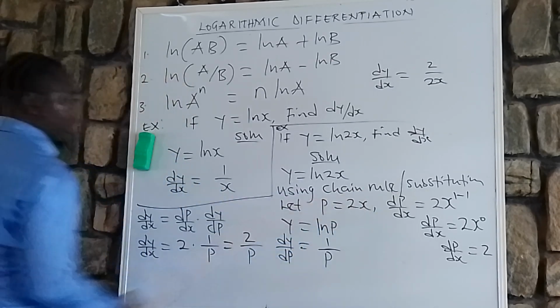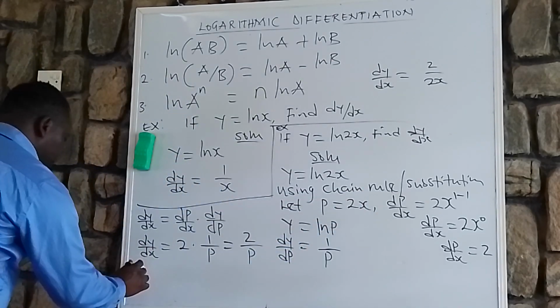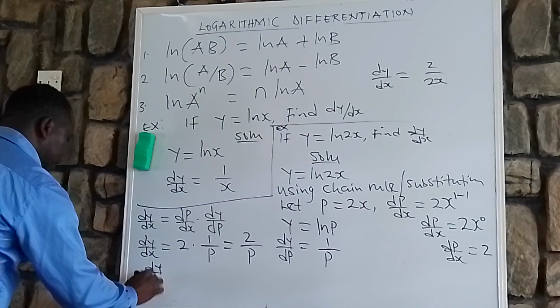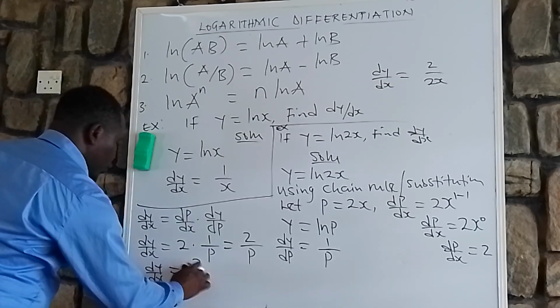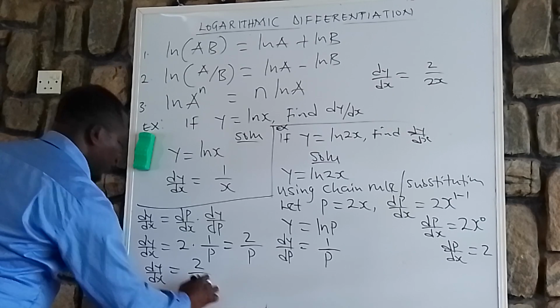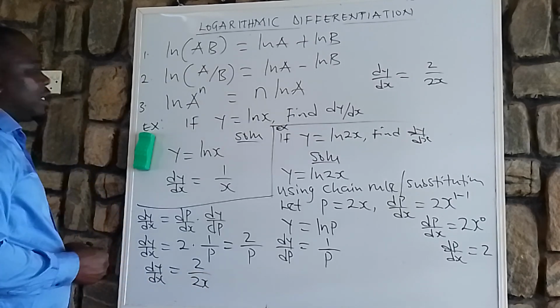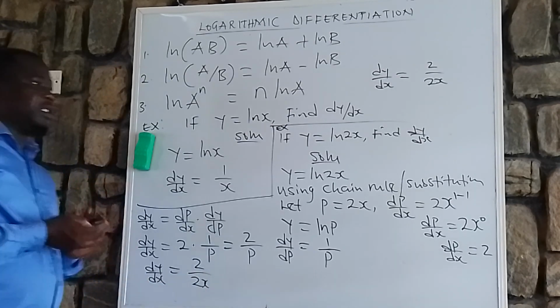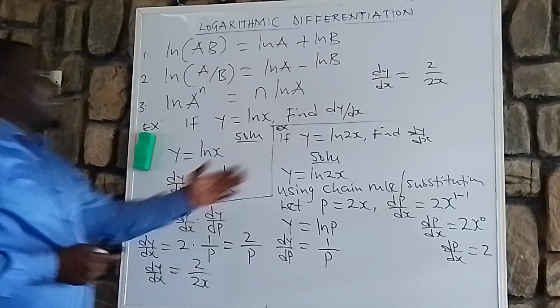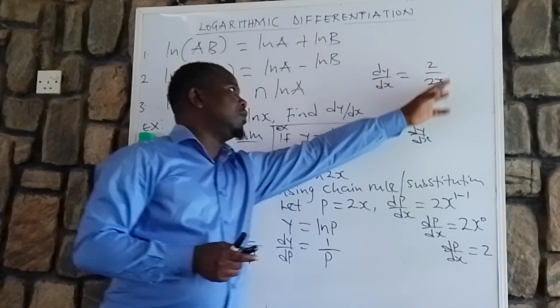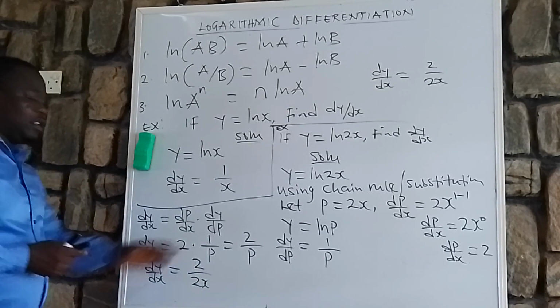So therefore the final answer will be dy all over dx is equal to 2 all over 2x. So this is how to differentiate functions of this form. You see that we arrive at 2 all over 2x. Thank you and God bless you.